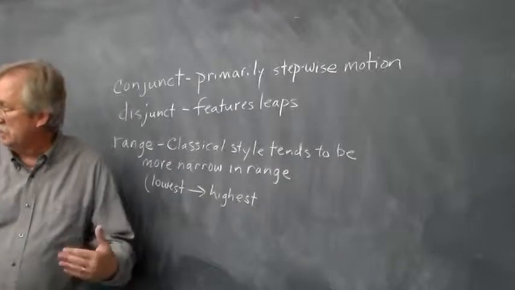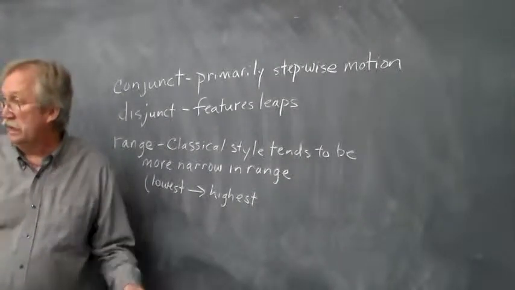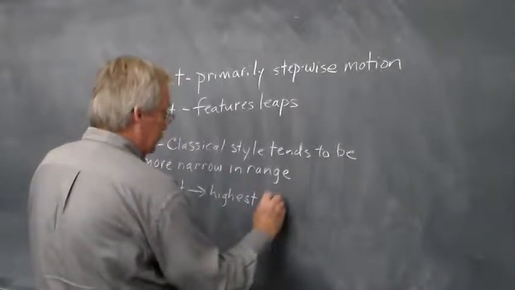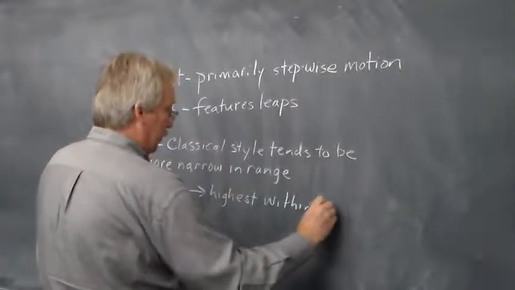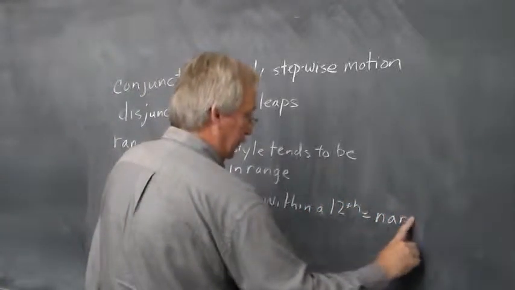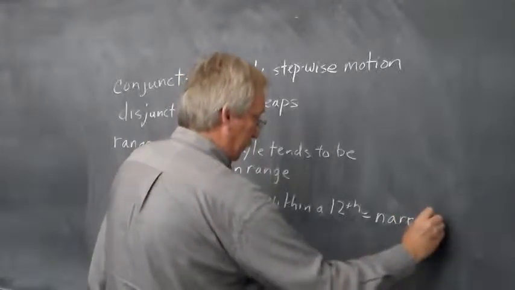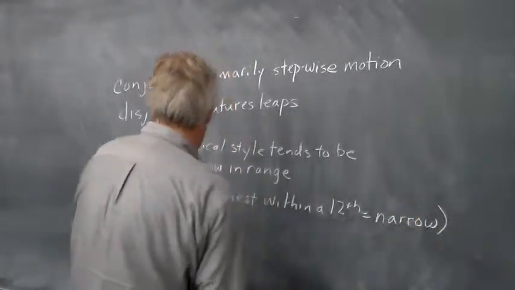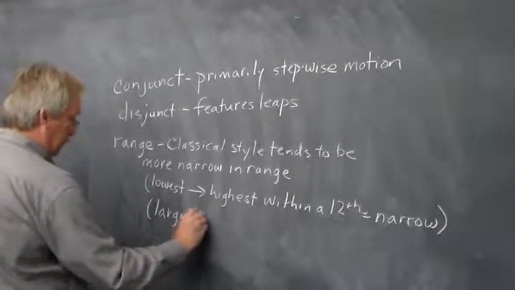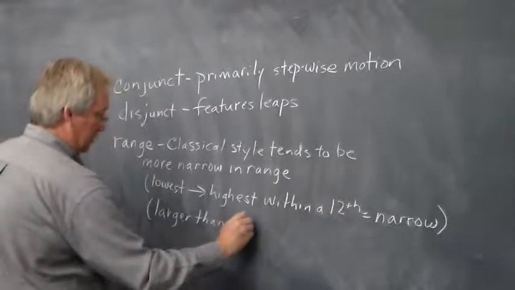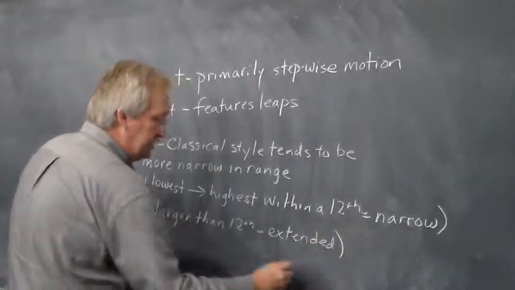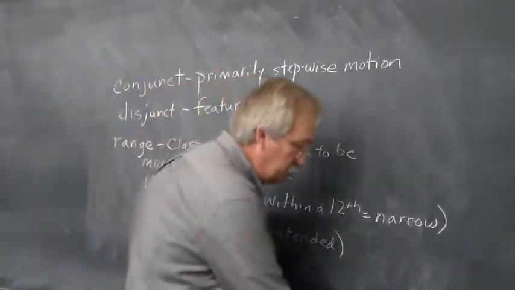If it's something that's bigger than two octaves, then that would be something that's more extended. And so romantic melodies tend to be more extended, have a wider range.